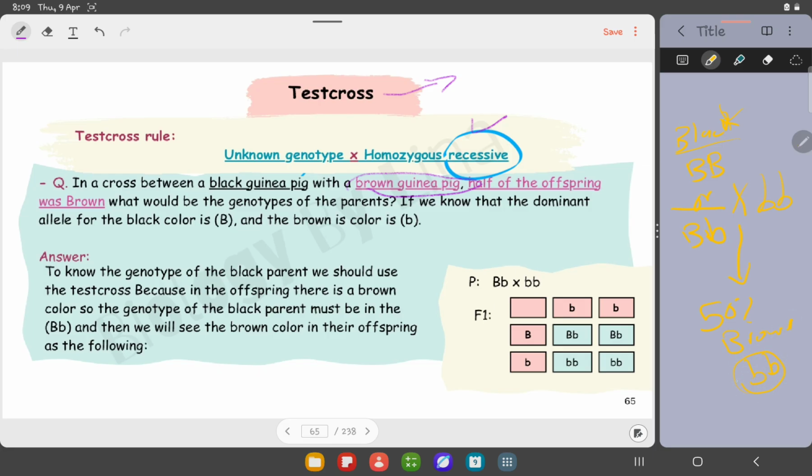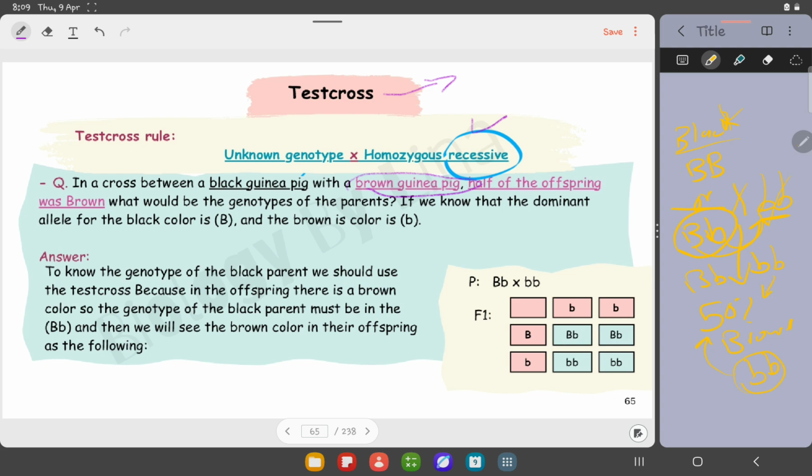So at that time, as we said in the previous video, when you see that half of the offspring are recessive, one of the parents is recessive and the other one, homo or hetero, will be hetero. Because when you cross this one with this one, you can delete the repeated one. So we will get half of them B capital B small and half of them B small.